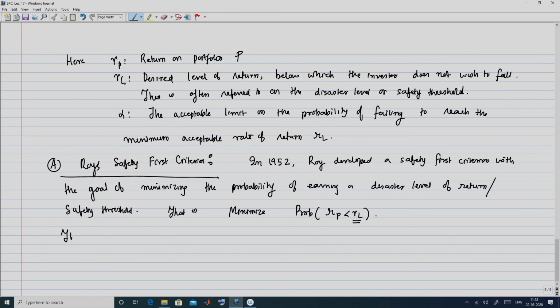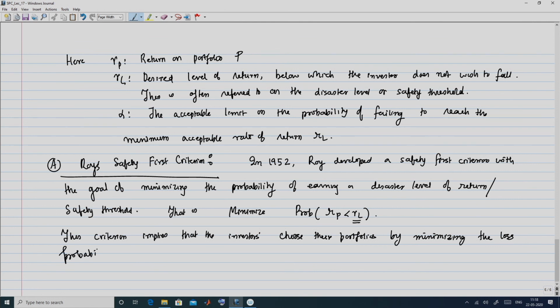Now, what does this criterion imply? This criterion implies that investors choose their portfolio by minimizing the loss probability for a fixed safety threshold called the floor return.